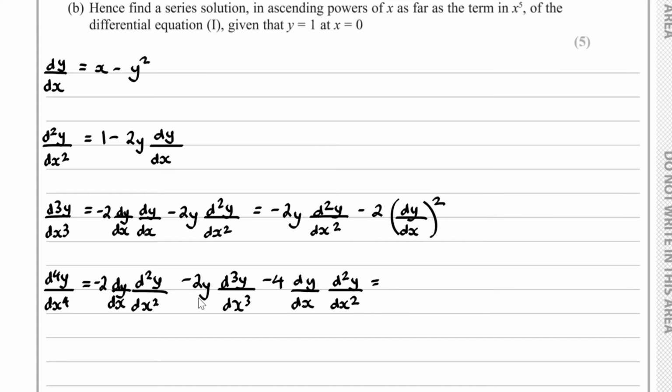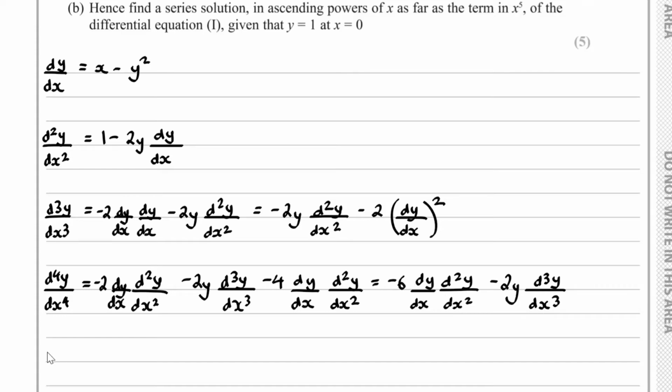So if we tidy all this up, hopefully you can see that we have minus 6 lots of dy over dx, lots of d squared y over dx squared. So this is the minus 4 minus the 2, which gives a minus 6, and then we have the other terms. And then we subtract off 2y lots of d cubed y over dx cubed.